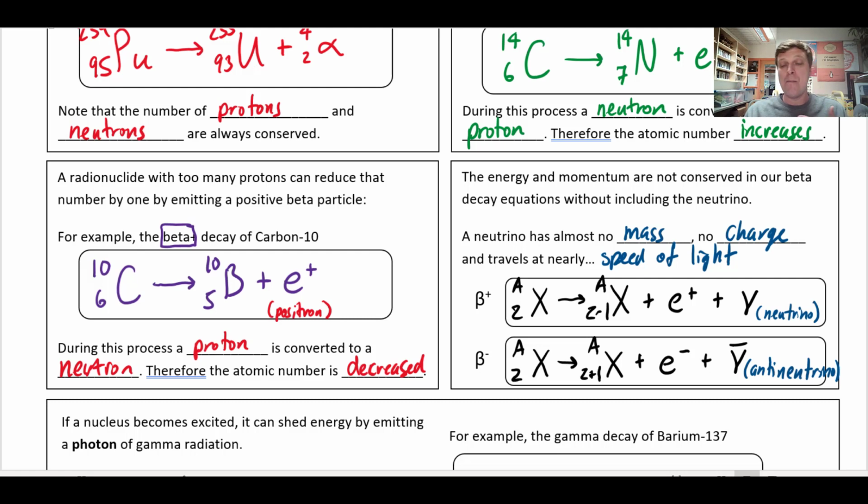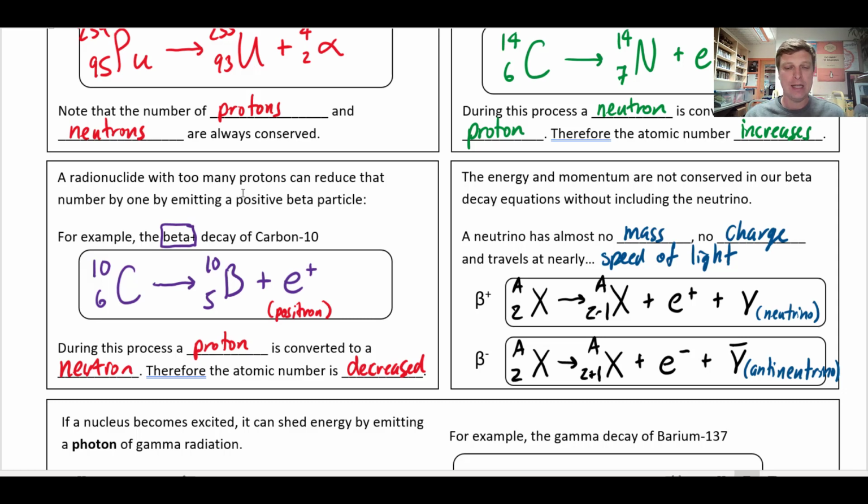And so matter versus antimatter. So the thing to remember is that when you produce an antimatter beta particle, a positron, you produce a matter neutrino, and vice versa. When you produce a matter beta particle, a beta minus, then you produce an antineutrino.